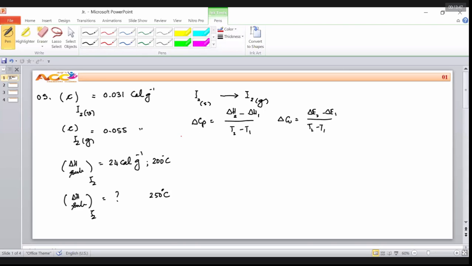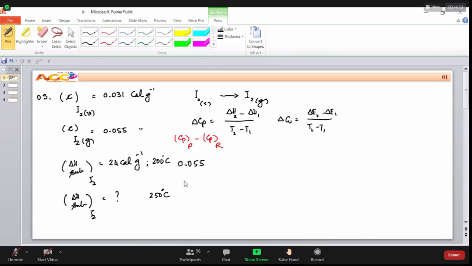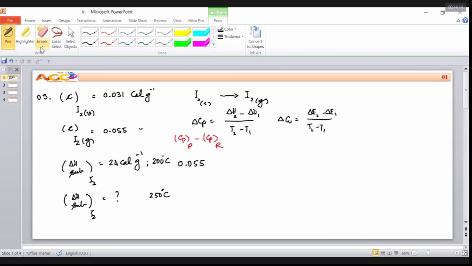That is Cp of products minus Cp of reactants. Always, right? Come on, substitute Cp of product. What is product? Iodine gas. Where is that fellow? Iodine gas. I have made a mistake here.